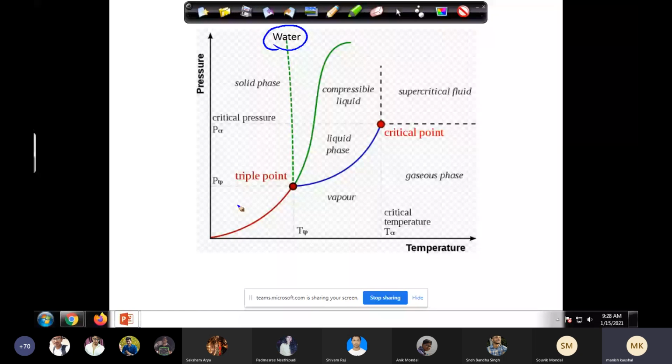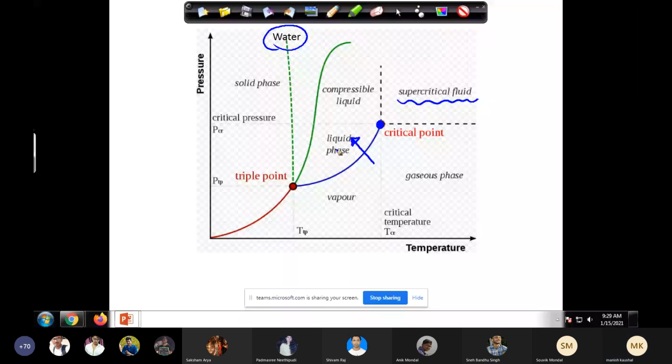Okay, this point, the red point, is the critical point. Critical point means below this you cannot liquefy the gas. Okay, of course, supercritical fluid is not part of this course. But remember, just as a curiosity or information, let's say if you want to go from vapor to liquid, this is the boundary. So one can go this way also.